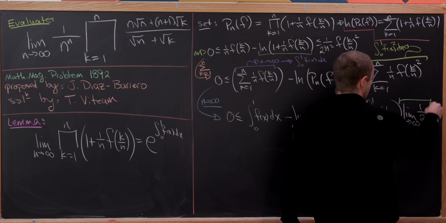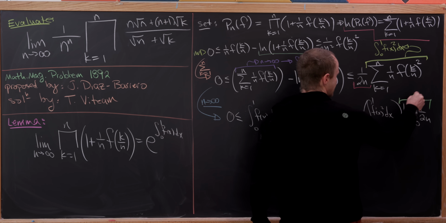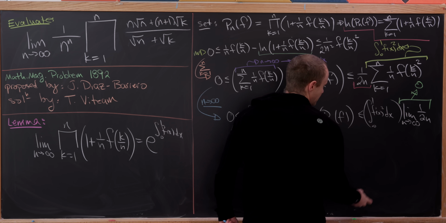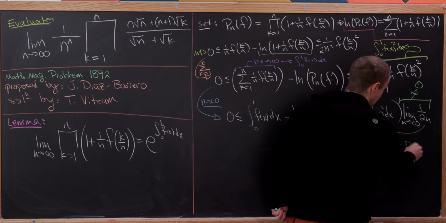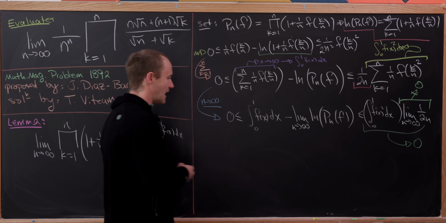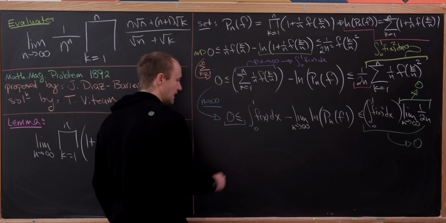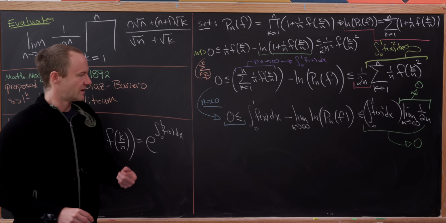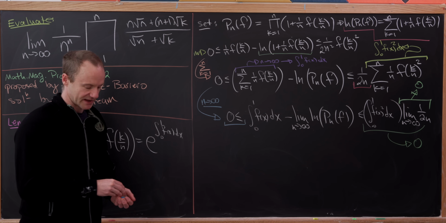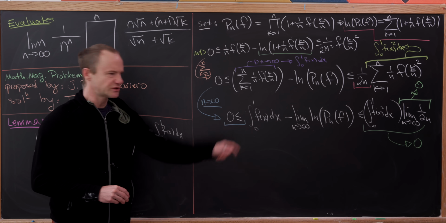I did split the limits up there, but that's okay because they both exist. Now let's observe that this limit as n goes to infinity of 1 over 2n is pretty clearly equal to 0, meaning that this whole side of the inequality approaches 0. But now we've bound this thing that's in the middle, this difference of the integral and that natural log object, between 0 and 0, which means those two objects are the same.